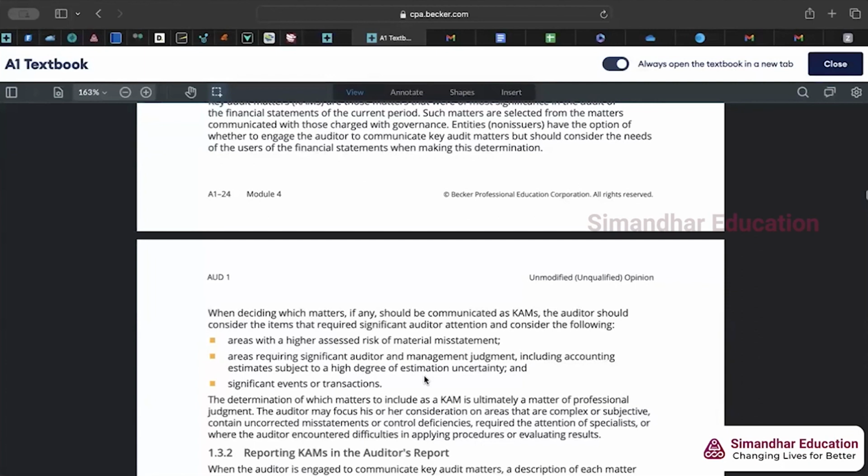Second is certain contracts with big distributors who will distribute their goods. Now, these contracts are high risk areas because this drives your entire revenue process. Then they become key audit matters.